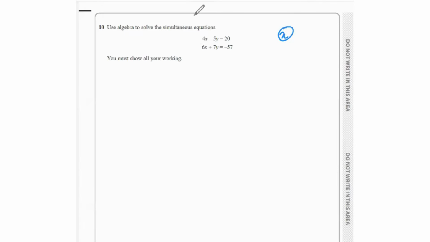So to make them the same, what we can do is convert them into a lowest common multiple that both of them share, which is 12, because 4 times 3 is 12 and 6 times 2 is 12. So I can multiply the first equation by 3 and the second equation by 2. You can also multiply the first equation by 6 and the second equation by 4, which would convert the coefficient of x into 24.